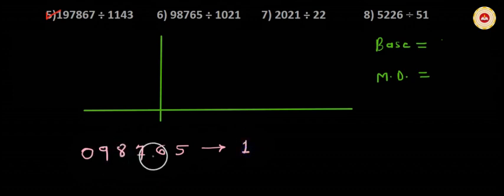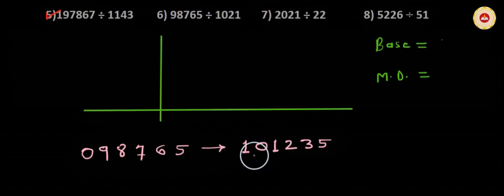Now apply Nikhilam Navatah Charamam Dashatah to these remaining digits. 9 minus 9, 0. 9 minus 8, 1. 9 minus 7, 2. 9 minus 6, 3. And the last digit is to be subtracted from 10. So 10 minus 5 is 5.